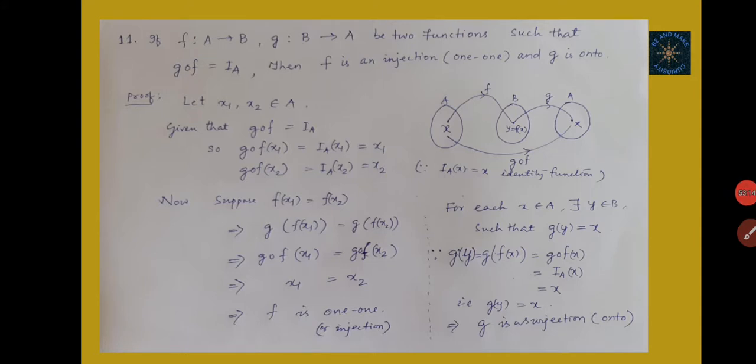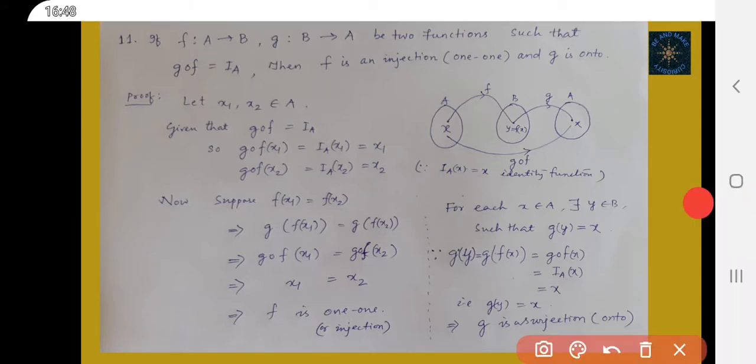So here you see g of f of x1, g of f of x2, that can be written as gof of x1, gof of x2, and here you have gof of x1 is equal to x1, gof of x2 is equal to x2. So here you have x1 is equal to x2.